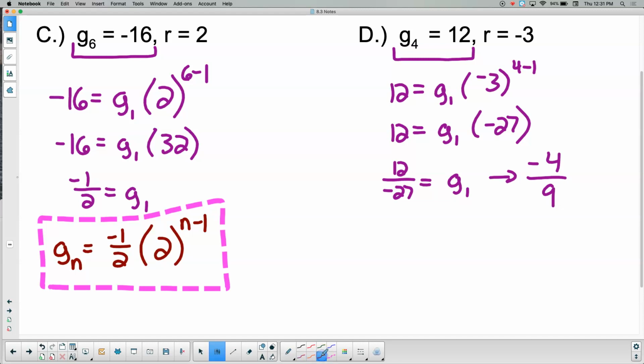So any term in my sequence is negative 4/9 times negative 3 raised to the n minus 1 power.